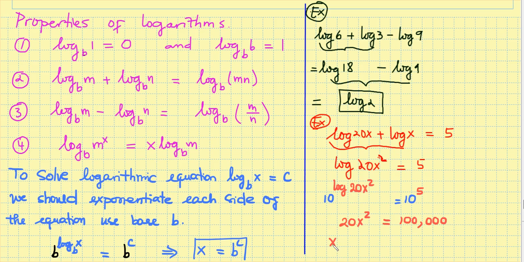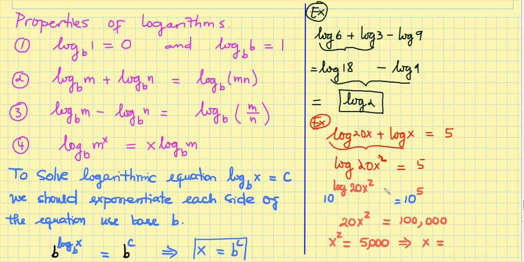So therefore, for x squared, we divide both sides by 20. So x squared will be 5,000. Then we just need to take the square root from both sides. So that will give us x. Now here we have to be careful because when we take the square root of something squared, we will have two answers, one positive and one negative.